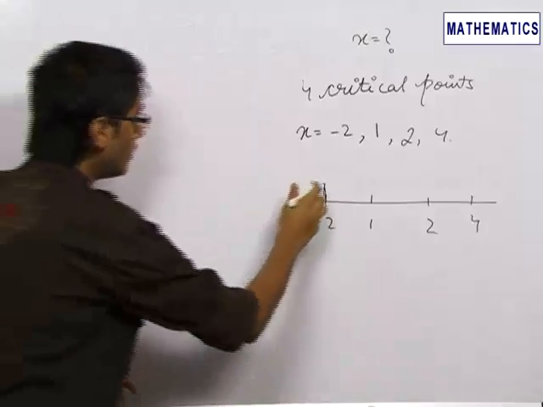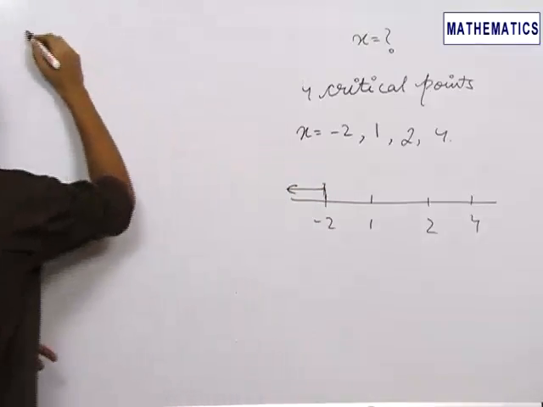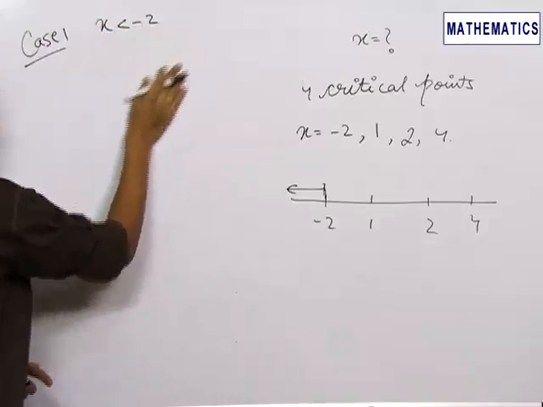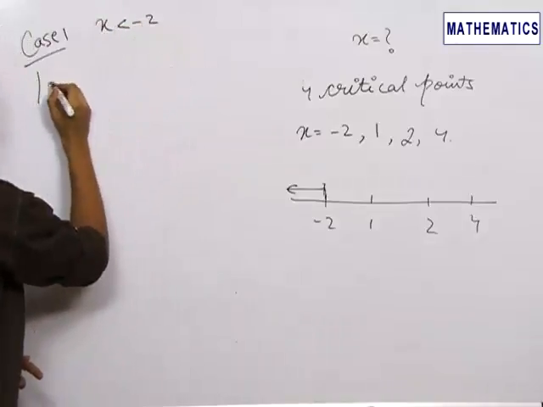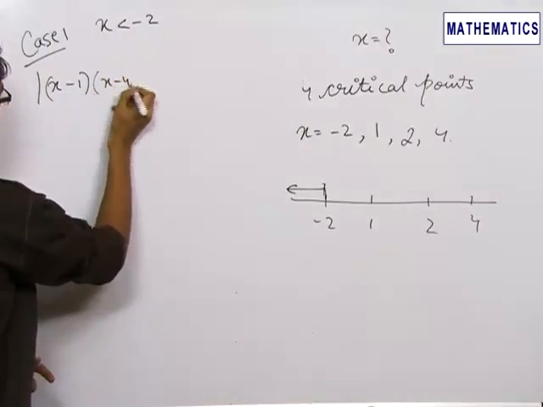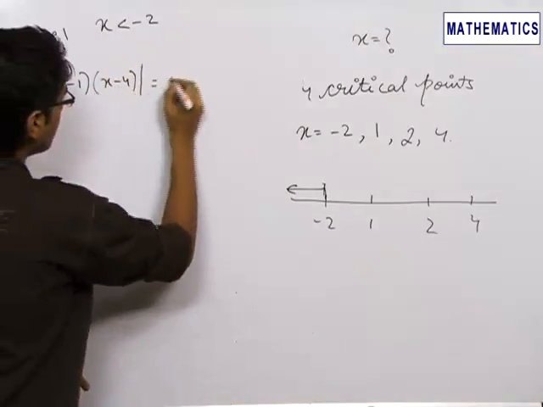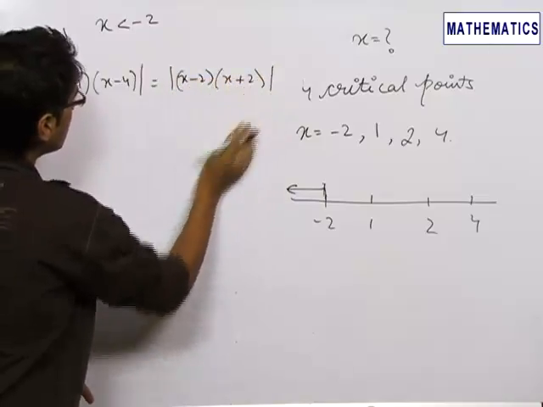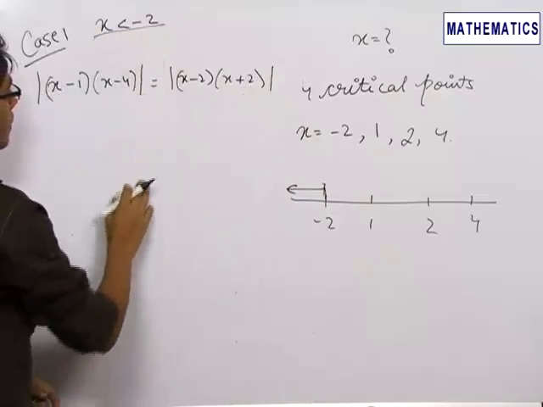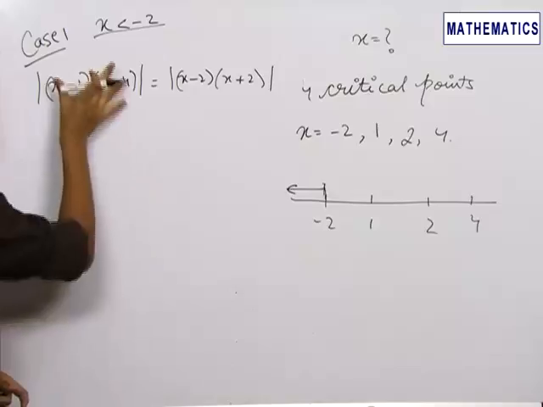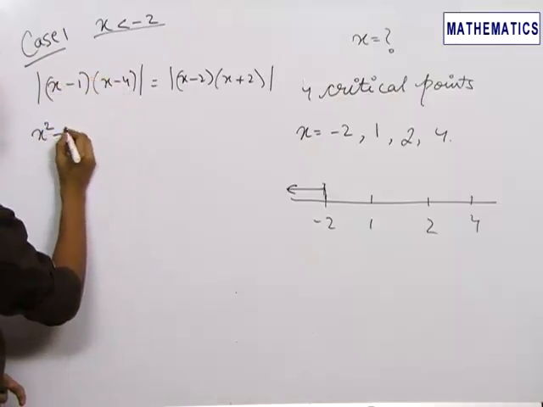Our first interval will be x less than minus 2. Now we are given modulus of (x minus 1)(x minus 4) is equal to modulus of (x minus 2)(x plus 2). Now if x is less than minus 2, then this is negative, negative into negative is positive, so this will open as positive only.